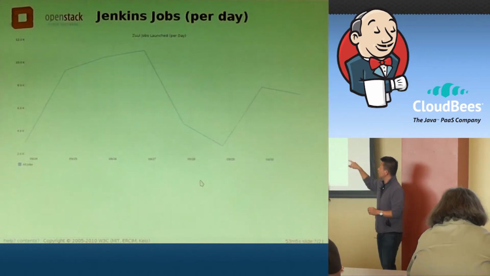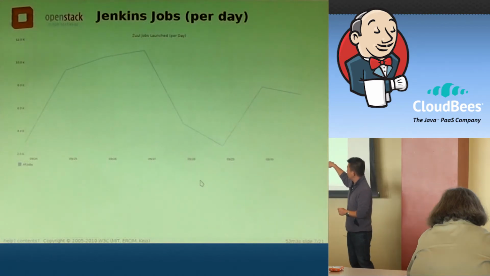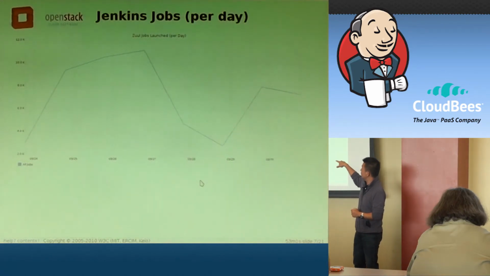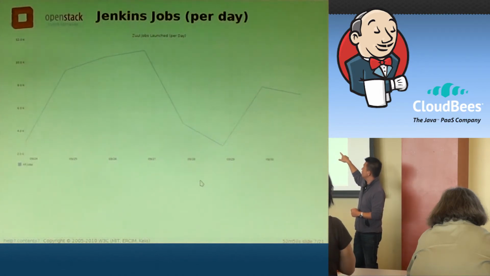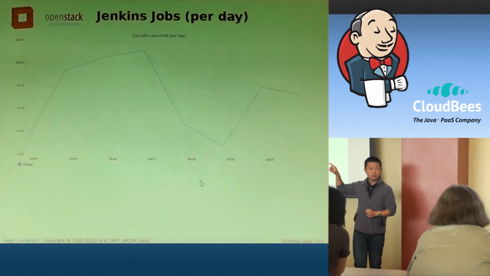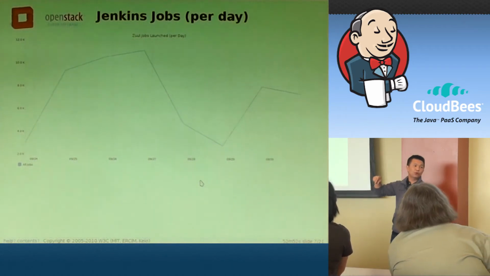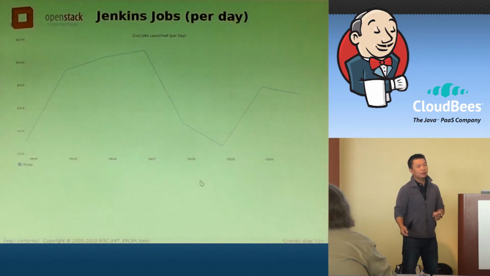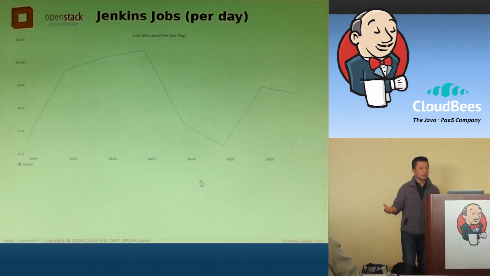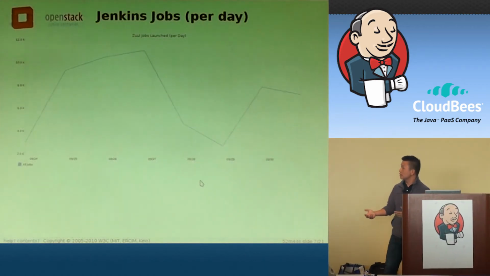If you look at the peak around 9/27 there, it's 10,000 jobs, those are builds per day. So over 10,000 builds per day is what we run on our infrastructure. That's really big.